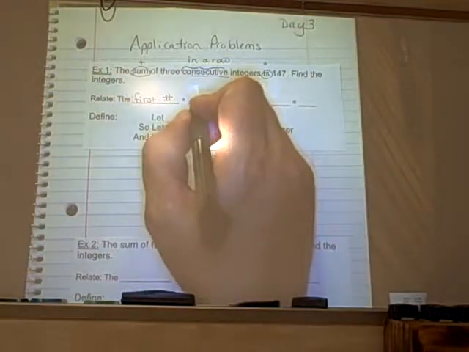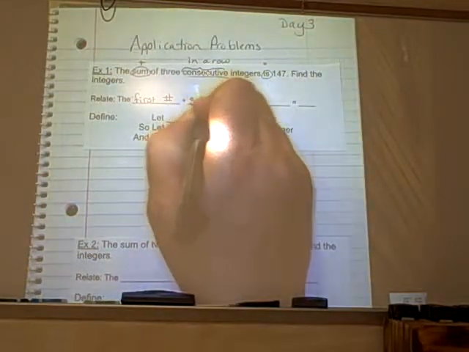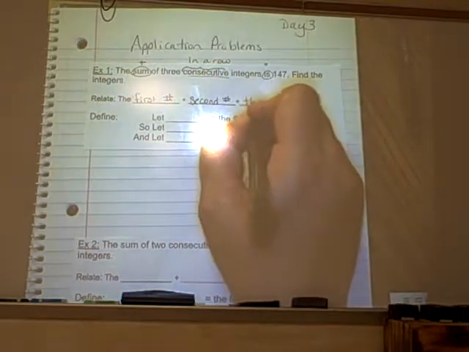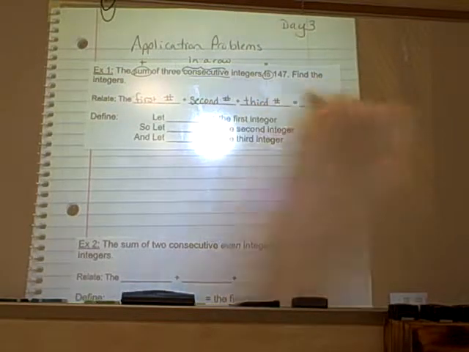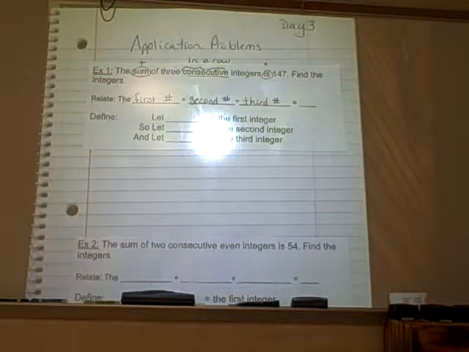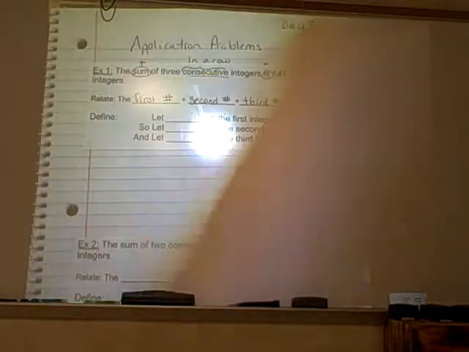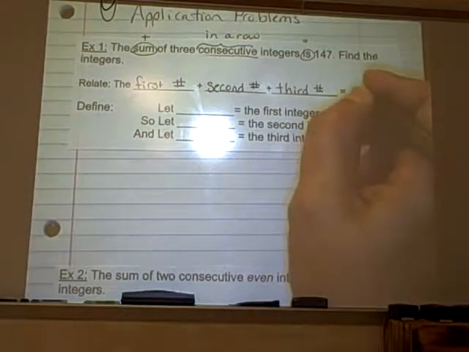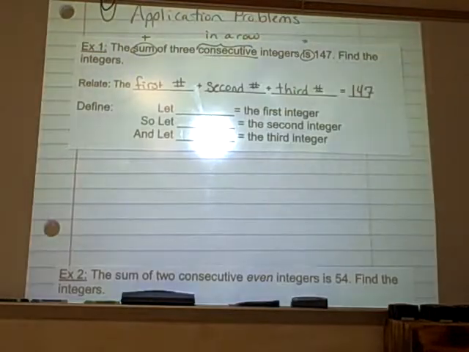The first number plus the second number plus the third number equals what? 147. Okay, that's pretty straightforward. That's what the question's asking you. The tricky part comes when we have to put some variables in there.